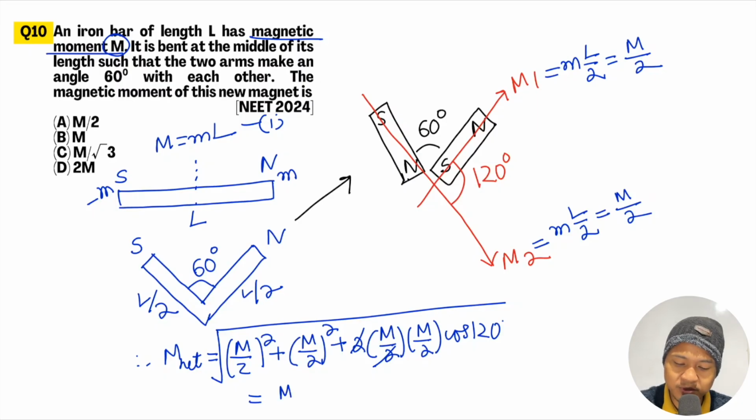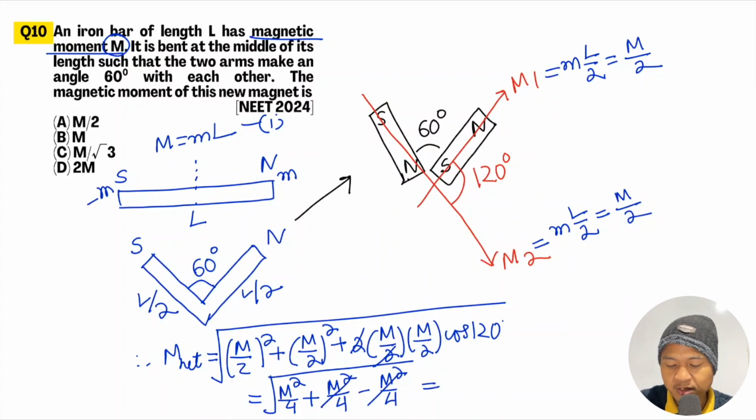So you have M square by 4 plus M square by 4 minus M square by 4. Under root, M square by 4 remains, so the root gives M by 2. Okay, so this is the answer.